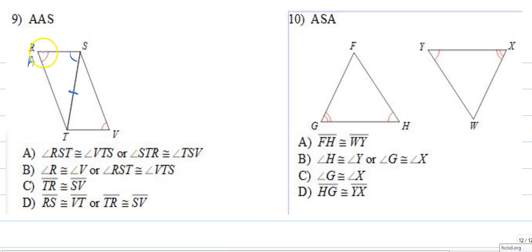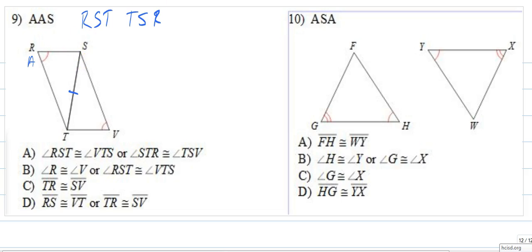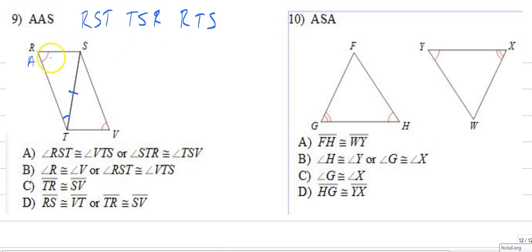If it's this angle, it's RST, or it's TSR. Or if we choose this angle over here, then it's RTS, or it's STR. So any of those choices work for the first part.